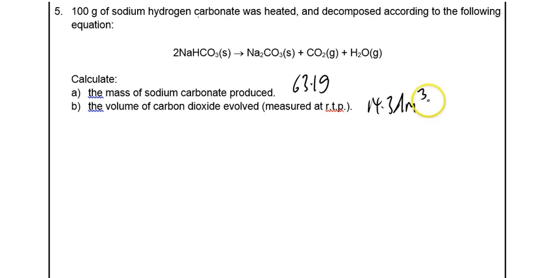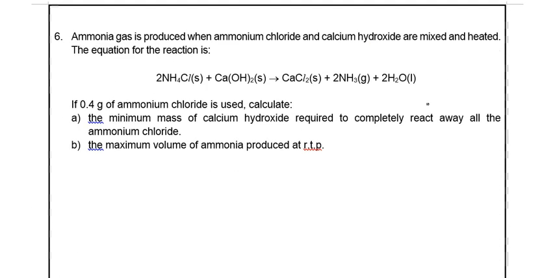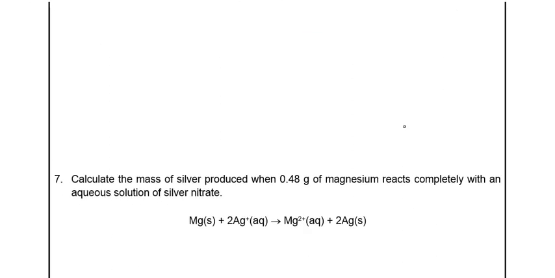Question number 6, you should get 0.277 grams and 0.179 dm cube here. And question number 7, you should get 4.32 grams. If you can't get any of these values, relook through the examples I've gone through earlier. They all use the same steps to get the answer.